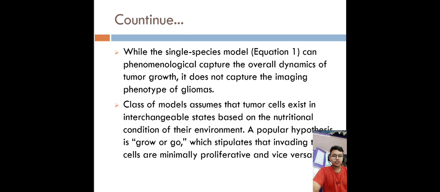This class of modeling assumes that tumor cells exist in interchangeable states based on the nutritional conditions of their environment. A popular hypothesis is grow or go, which stipulates that invading tumor cells are minimally proliferative.